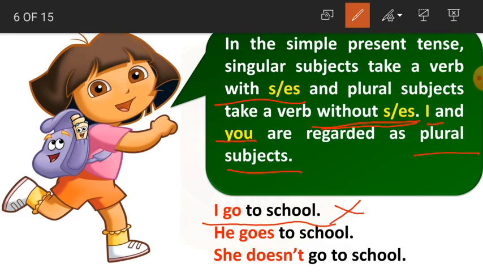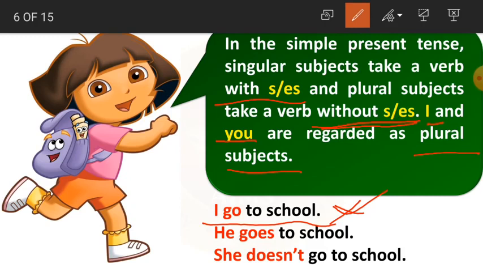It comes under plural form. Go is the verb. And as I is in plural form and the sentence is in simple present tense, go does not have any suffixes. Suffixes is nothing but adding some more letters here, s or es. So I go to school.